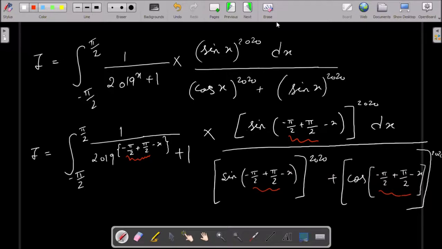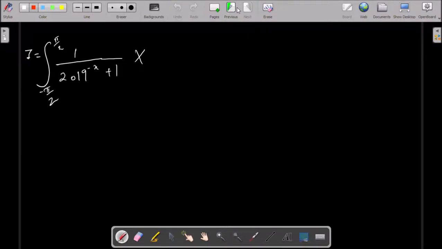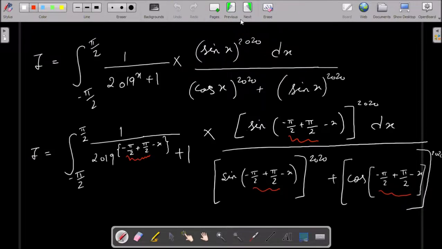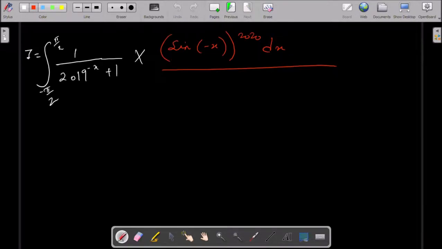Okay, so we will get sin minus x to the power 2020 dx upon sin minus x to the power 2020 plus cos minus x to the power 2020.